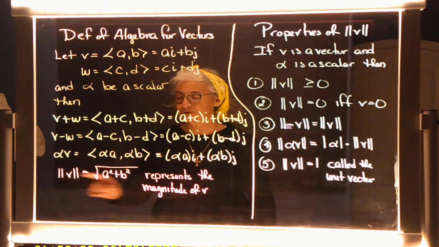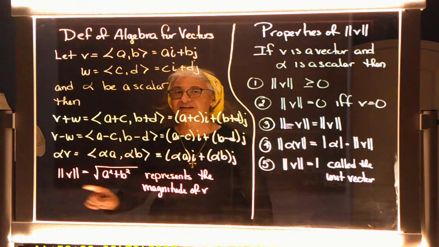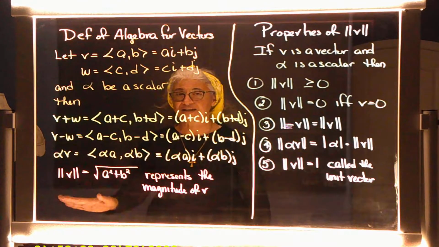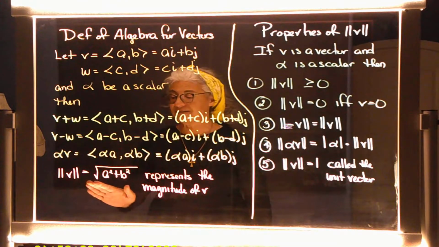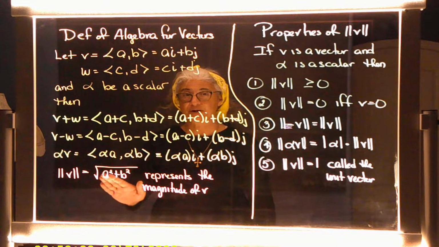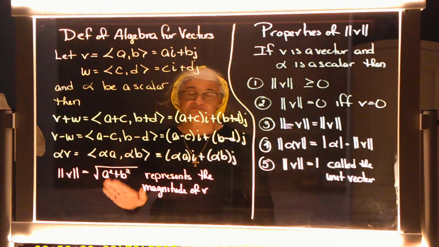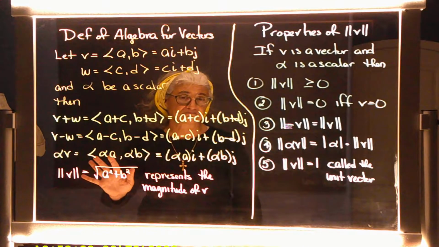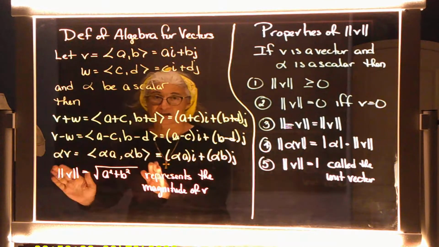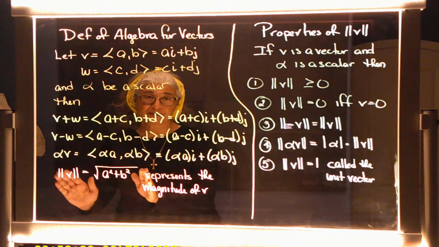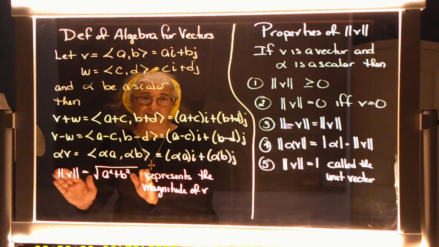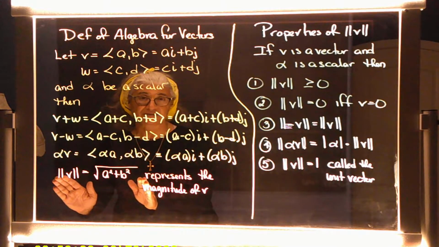So this formula helps you find the length of vector v by taking the square root of a squared plus b squared. Almost seems like Pythagorean theorem, doesn't it? Okay. Got this last part? This represents the magnitude of vector v. This helps me find the length of it.